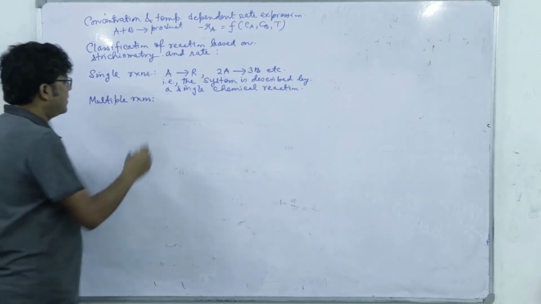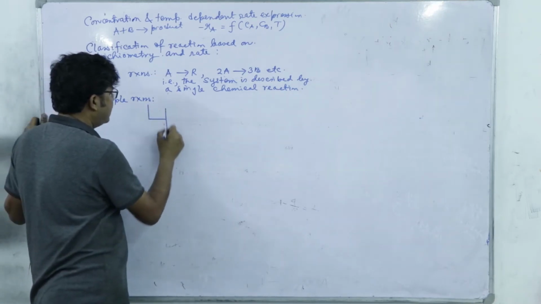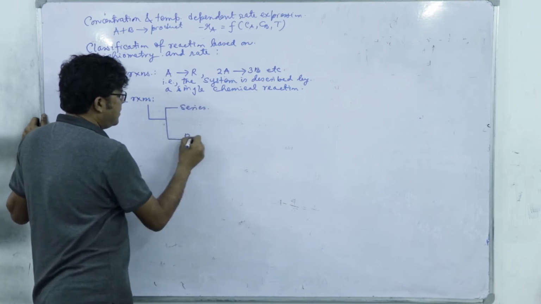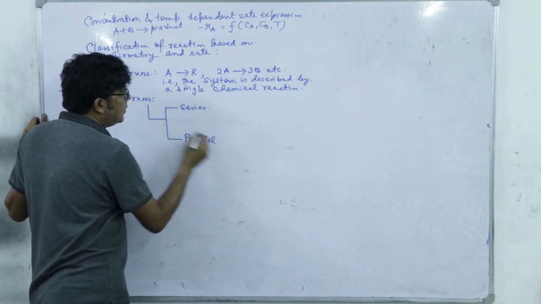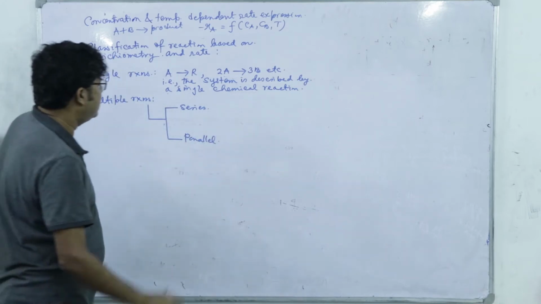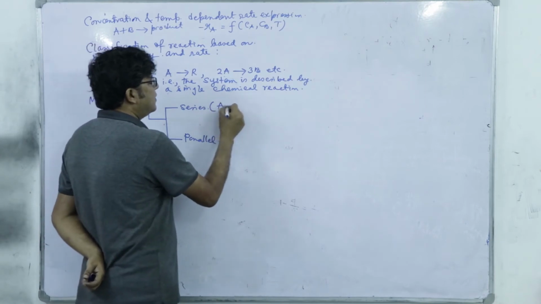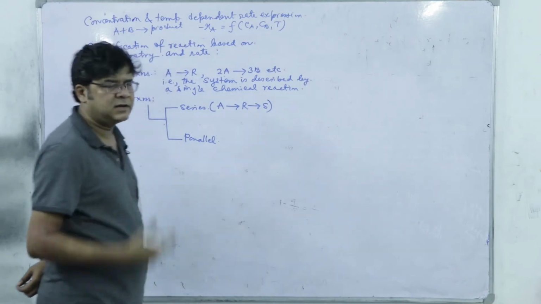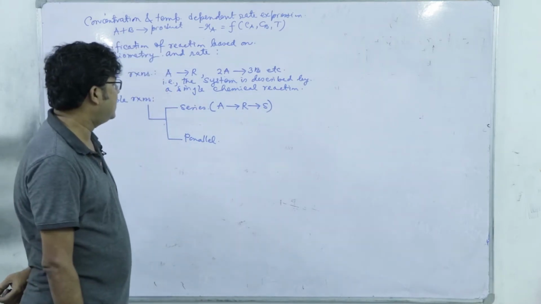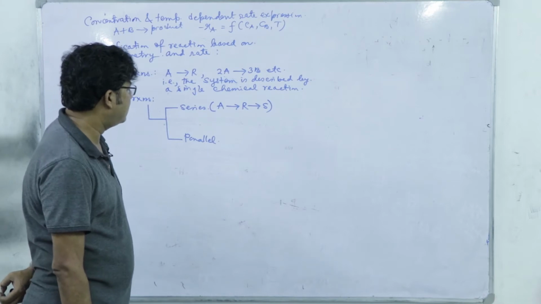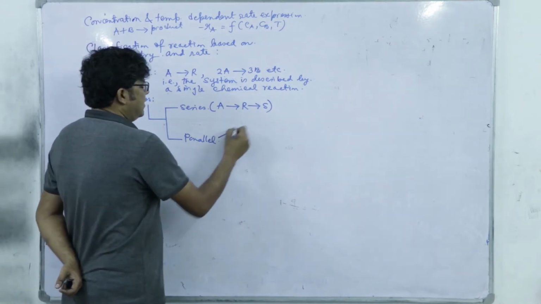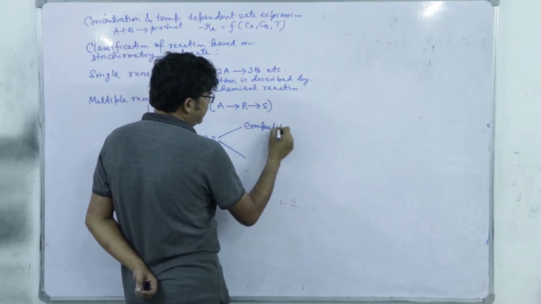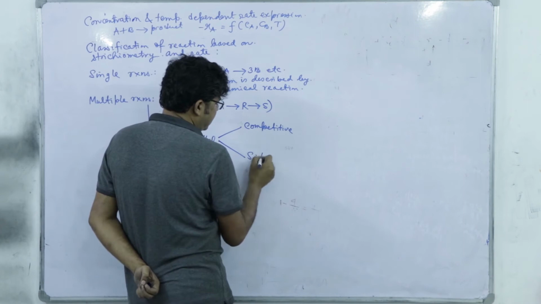Now, in multiple reaction we have definitely series reaction, parallel reaction. We can have series parallel combination as well. So, series reaction, its easy example is A giving R giving S, right. There is an intermediate which is giving you finally the product S. And parallel, again it is classified as competitive and side by side.